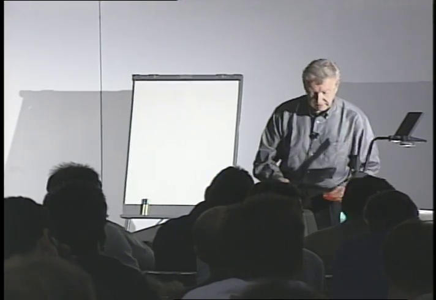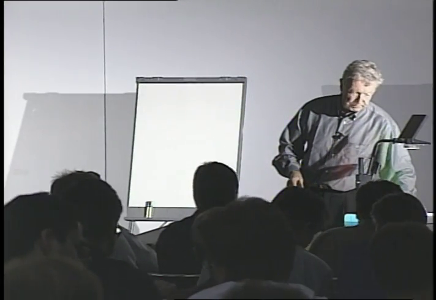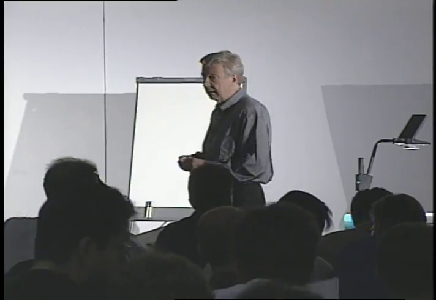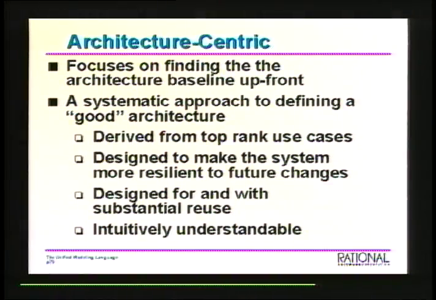Now the other component is architecture-centric. Architecture is key to designing a system that you can manage over its lifetime. Without a good architecture, the costs of maintaining the system you have developed for releases to come may be so enormous that you will have to throw it out and redesign the whole system.